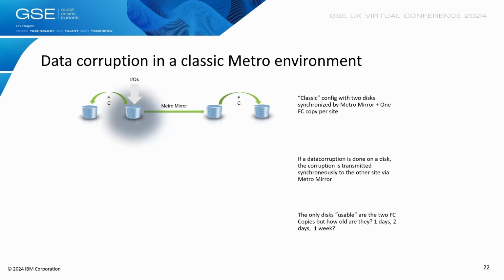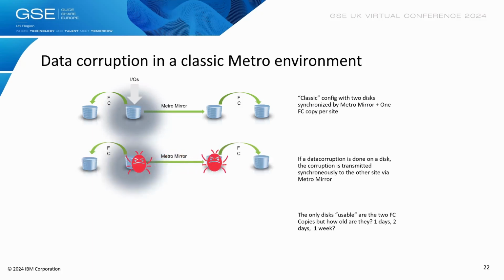So we have systems running IOs on the primary site, and the data is synchronously replicated on the secondary site. Now imagine that we have a cyber attack or an intentional mistake that provokes data corruption on the primary disk. What will happen? Metro Mirror will just do its job and copy the corrupted data over to the secondary disk. So great, now we have 2 corrupted copies of data.